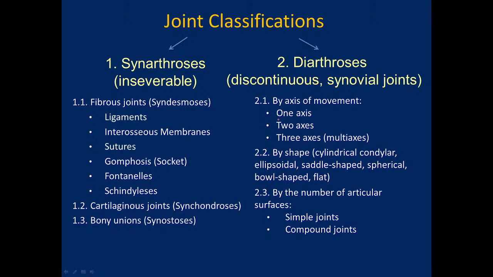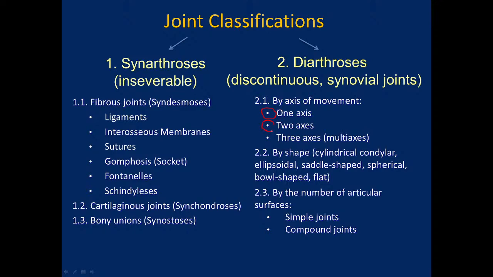It means that some of the joints, some of the arthroses, are able to move just around one axis. We call them one axis joints.